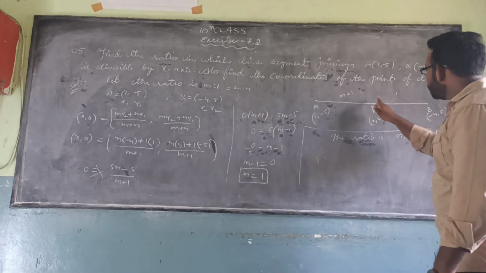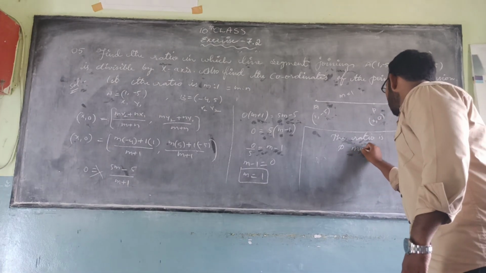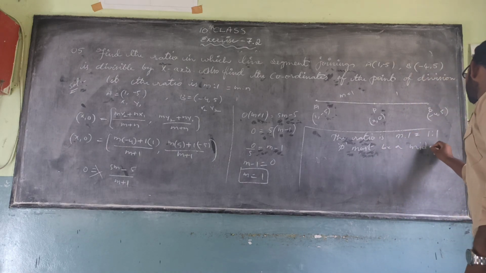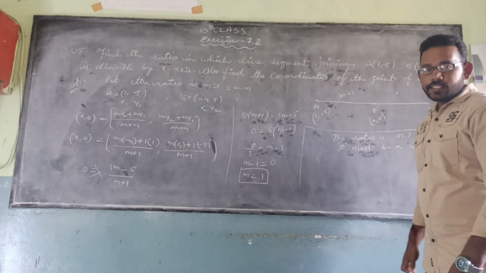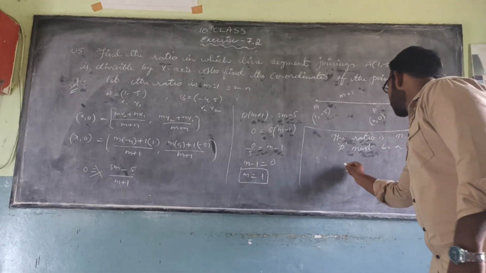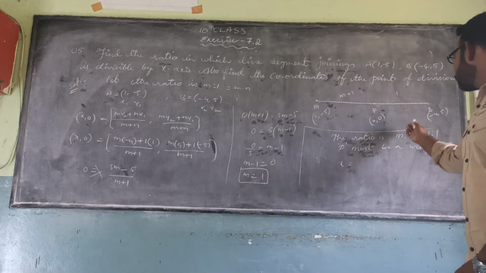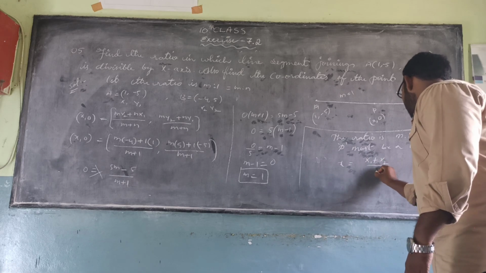So when the ratio is 1 is to 1, P must be a midpoint. When P is a midpoint, we can easily find the x coordinate. So here the x coordinate is equal to (x1 plus x2) by 2.